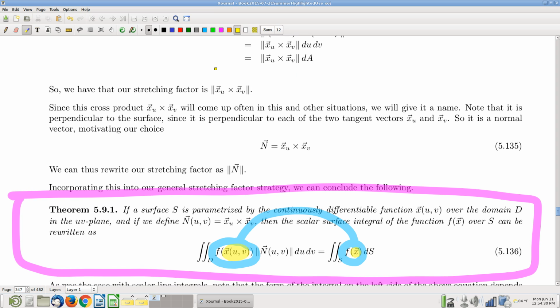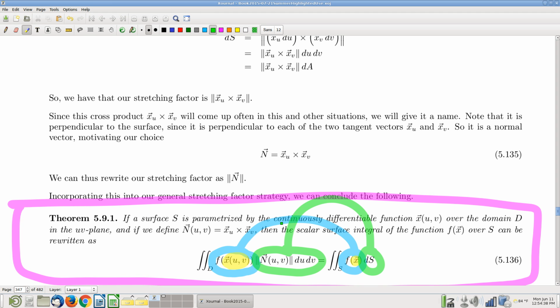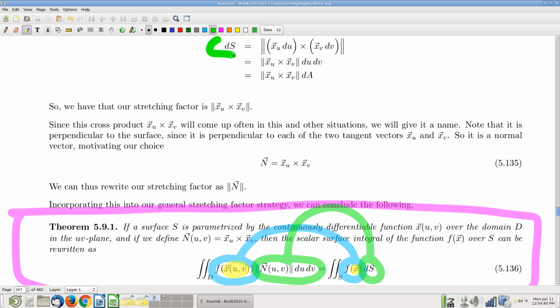The ds we just got through computing: ds is the magnitude of capital N times dA, the magnitude of capital N times the area element for the pullback area of the uv plane, so du dv.